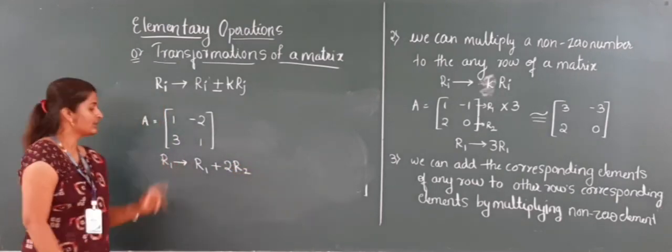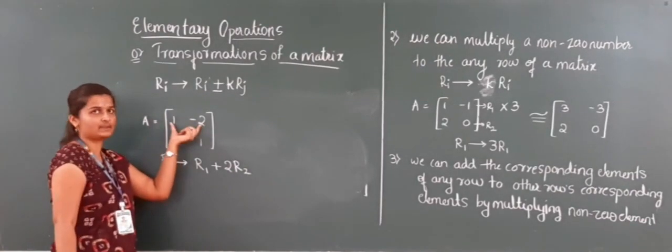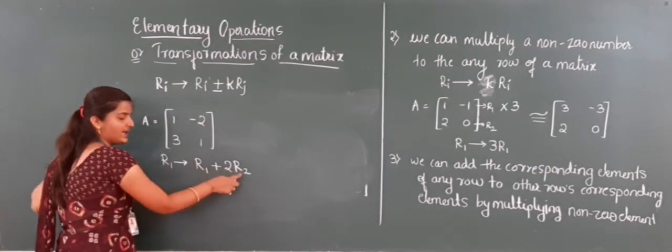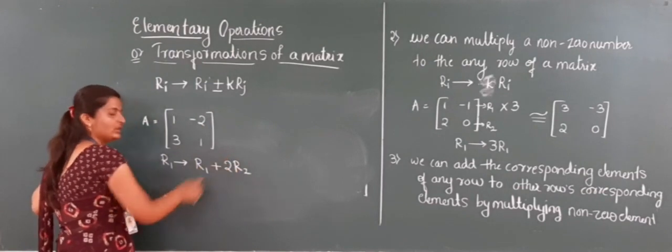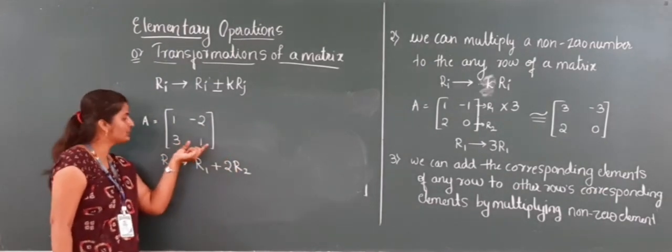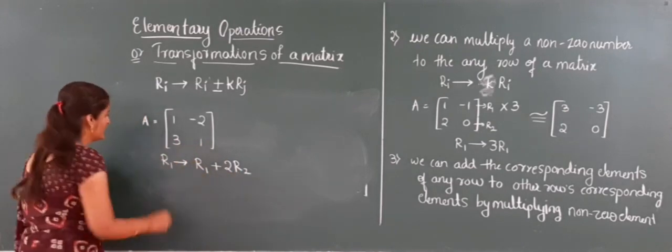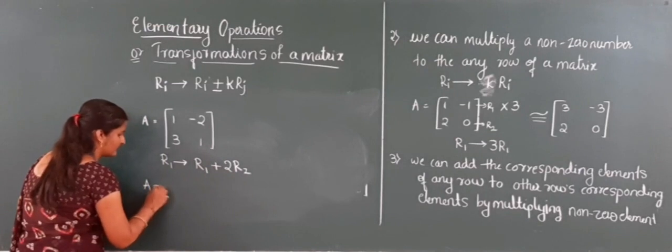Are you getting it? So R1 is changed. How? In the R1 corresponding elements, I have to add R2 after multiplying by 2. So first we have to multiply 2 to R2, then do the addition. So I will write here.